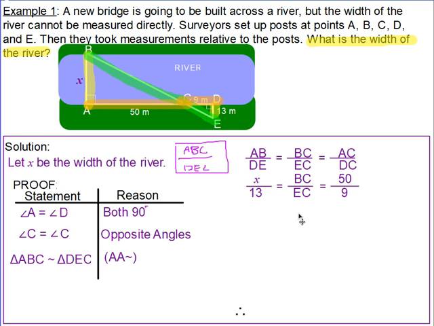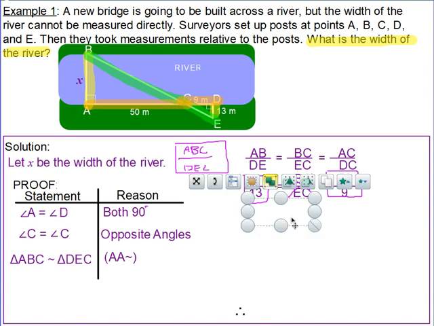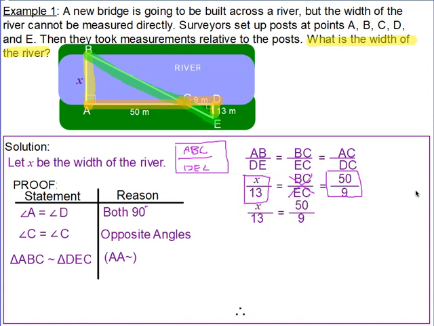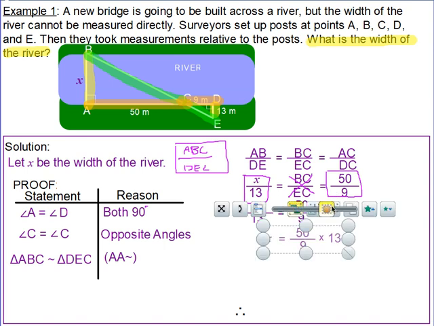So from here, we're trying to now solve the proportion. If you notice, we can use this one here because it's a complete ratio, a complete proportion. And we're also going to use this one here because that's the one we're solving for. Notice that this one in the middle, there's nothing offered to us, so we don't really use it at all. So we set the two proportions equal to one another, and we're going to multiply each side by 13.